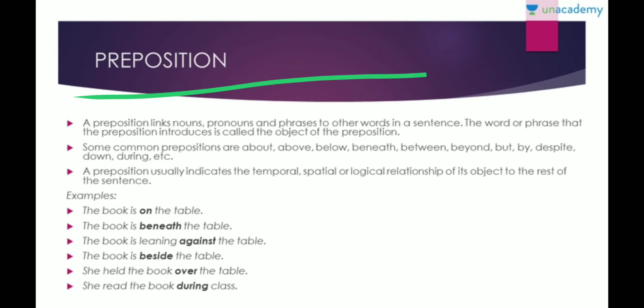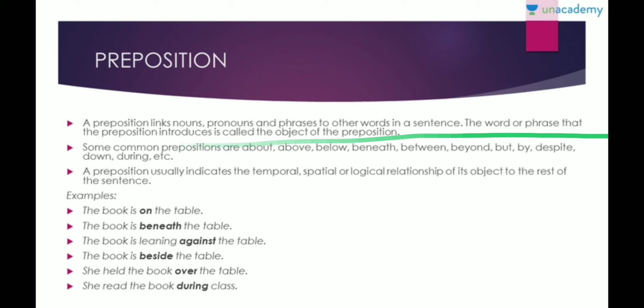Okay, next we come to prepositions. A preposition links nouns, pronouns, and phrases to other words in a sentence. The word or phrase that the preposition introduces is called the object of the preposition. Preposition is by far the easiest thing to pick up and know whether you're doing it correctly, because in general it does not have exceptions.